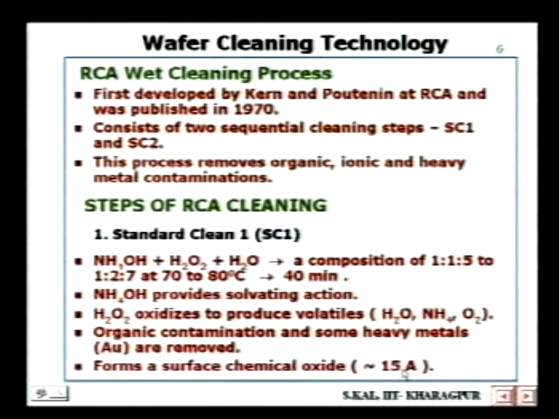Each cleaning step, for example the standard clean 1 step, is followed by rinsing in deionized water. After the wafer is rinsed with deionized water, the surface is covered by a native oxide formed in the reaction, and that oxide is of the order of 15 angstrom.